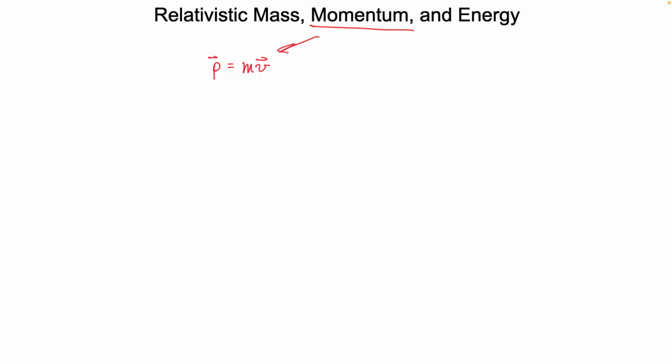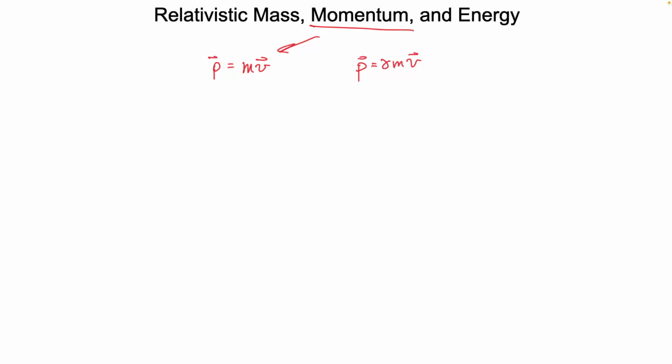Again, without proof, because that takes a graduate degree, I'm just going to tell you that the relativistic momentum is gamma mv. Sometimes this is written as gamma mu.